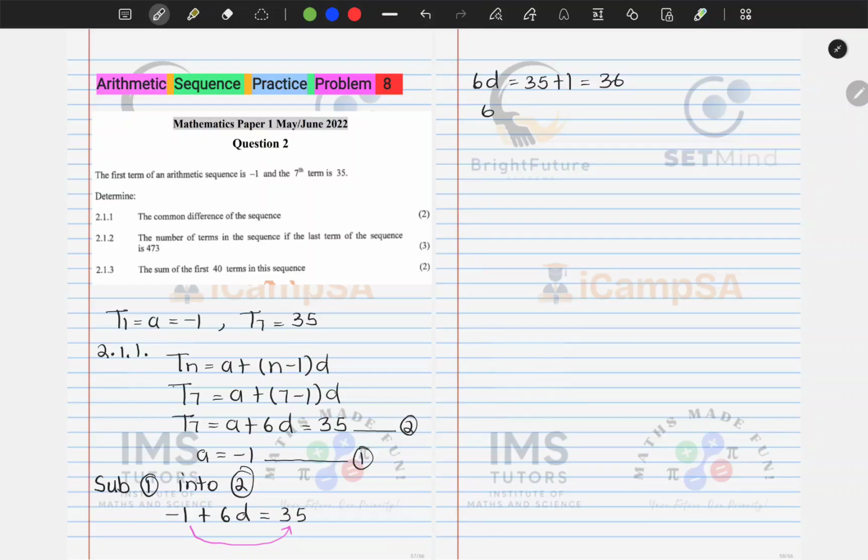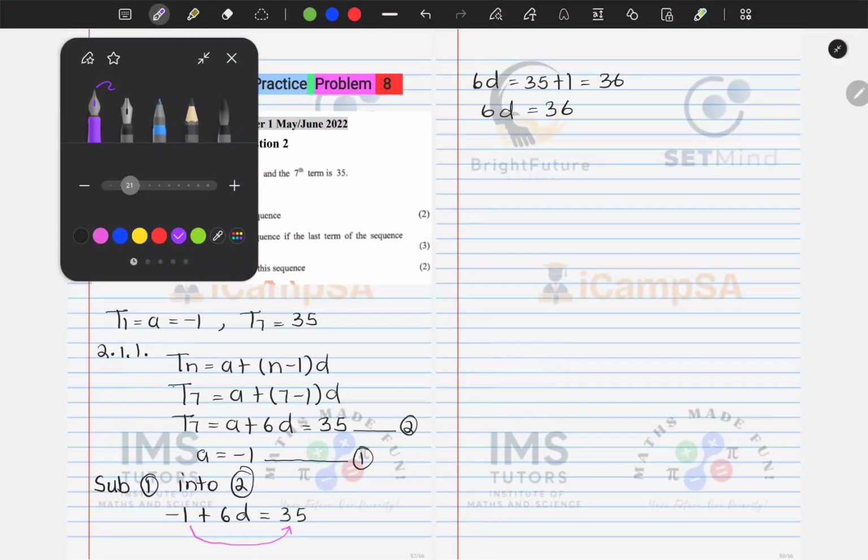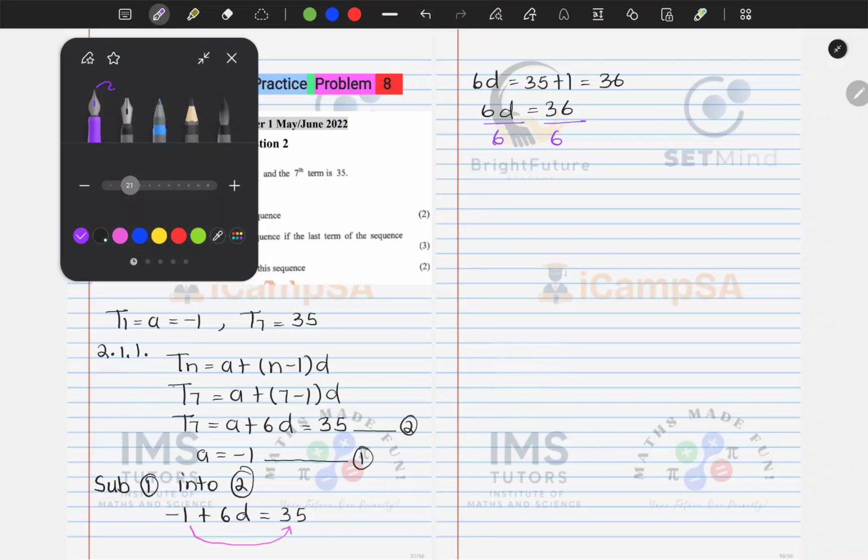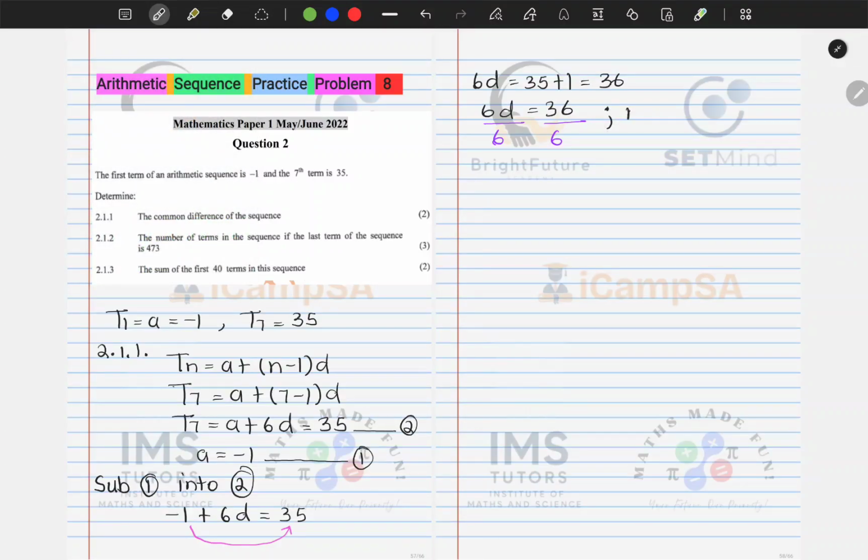Now we have 6d equals 36, and we are not looking for 6d but for d. So we divide by 6 on the left and on the right, and we find that d is 36 divided by 6, which is 6. So for our first question, we have found our answer: the common difference is equal to 6.